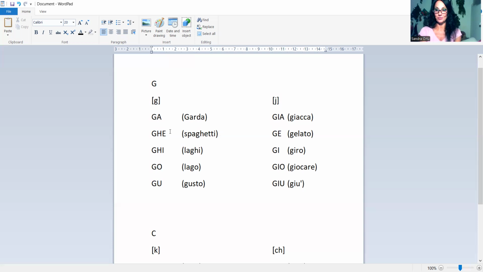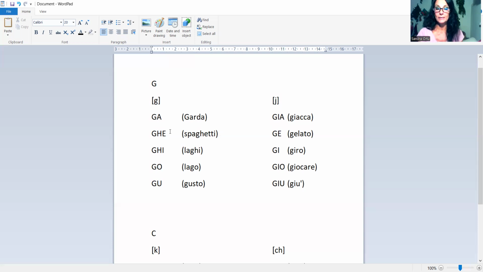Very often, I'm sure you've heard Italians saying ciao, come stai? instead of hello, how are you? No H. Because, as I said, in Italian there aren't really words apart from one verb that start with an H, and when we have it, we do not pronounce it.